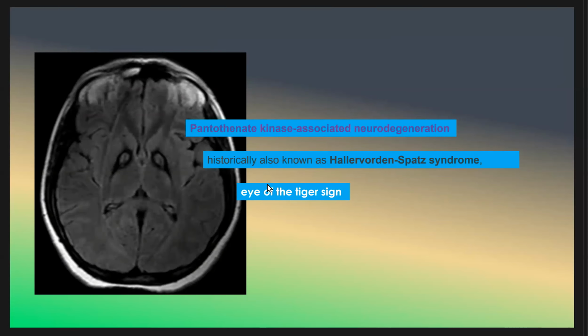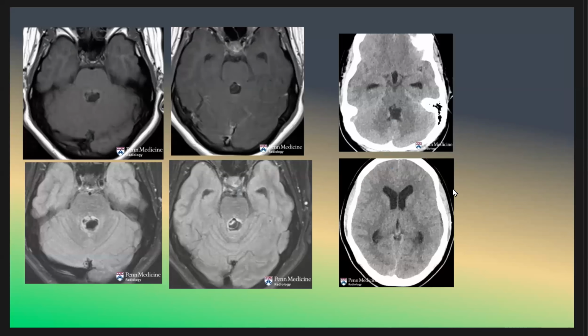Previously it was called Hallervorden-Spatz syndrome, and the sign here is the eye of the tiger, or tiger eye sign. Okay, we move to the next case.